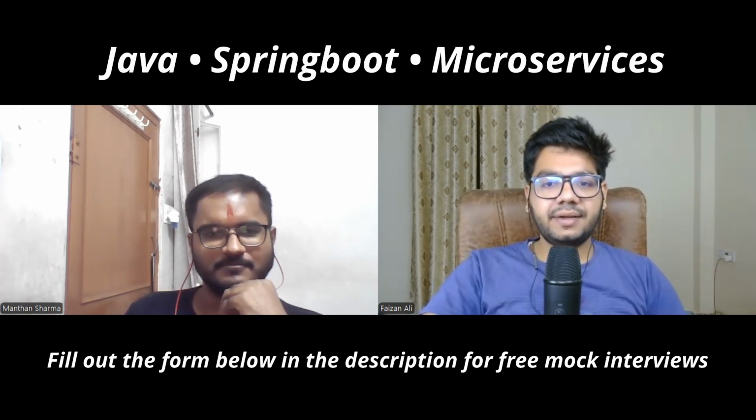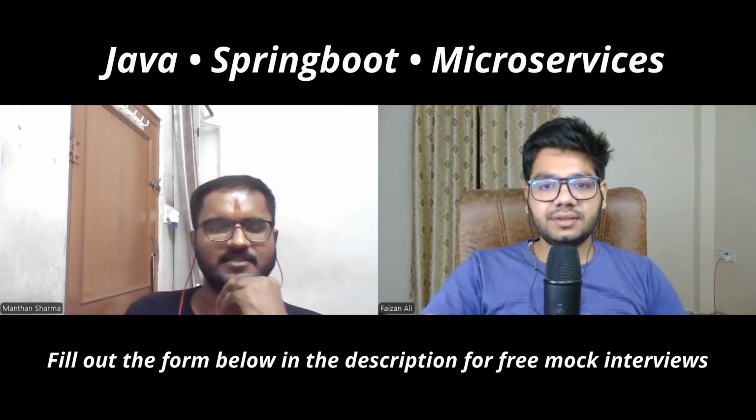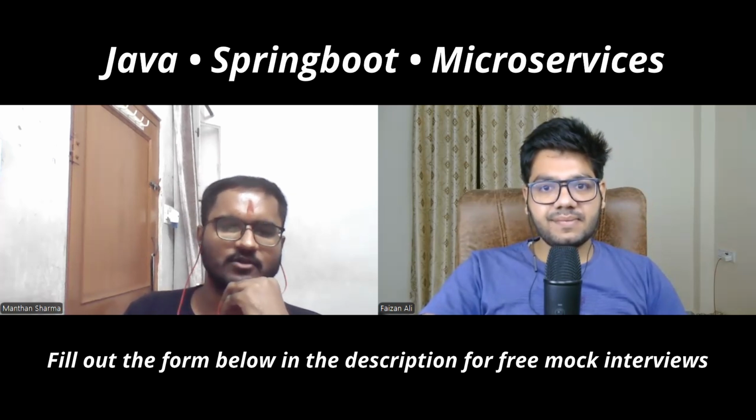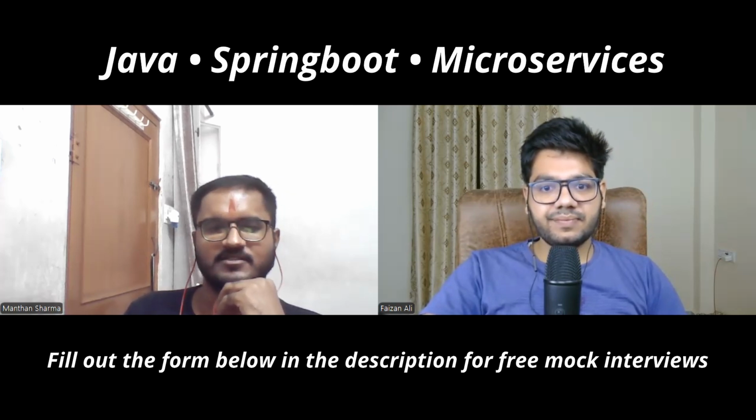Do you know about threads in Java and how we can create them? Yes, threads are like subparts of a process. A process would be a set of instructions that are supposed to be executed. There are two ways of creating threads in Java. One is using the Thread class. Another is using the Runnable interface.